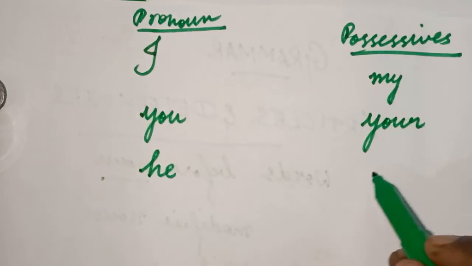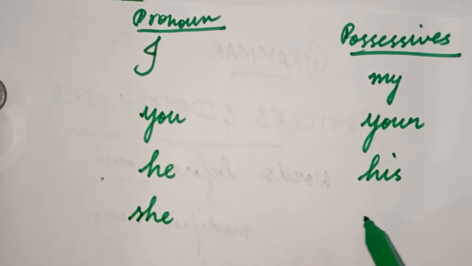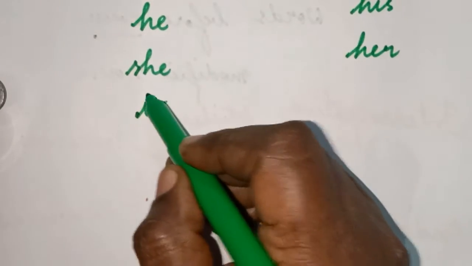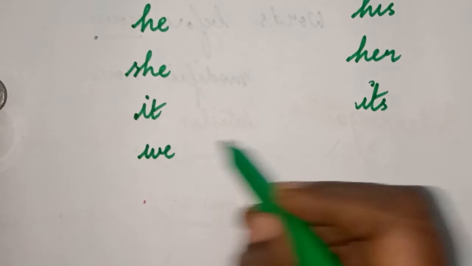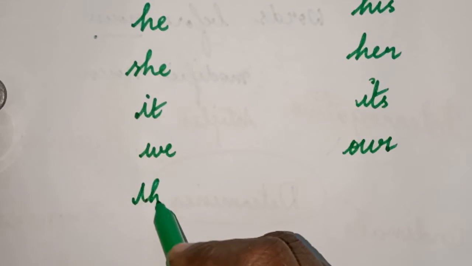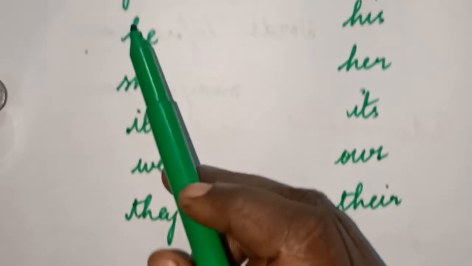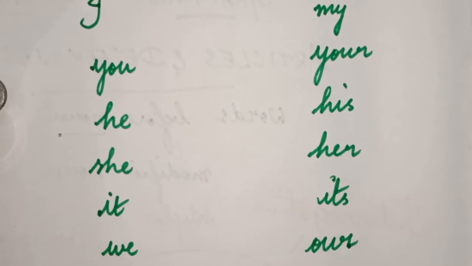He, his. She, her. It, its. We, our. They, their. So these are the pronouns and their corresponding possessives. Understood?